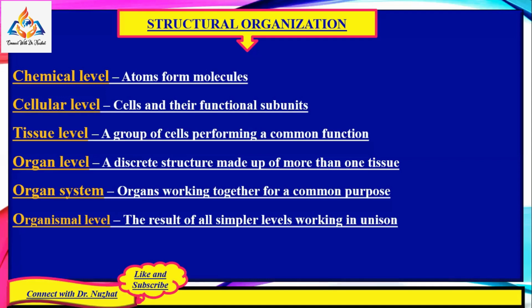Fourth one is the organ level of organization. What is the organ level of organization? The organ level of organization is when 2 or more tissues work together for a specific function. For example, the bladder consists of an inner lining of epithelial tissue bound by various connective tissue to smooth muscle.